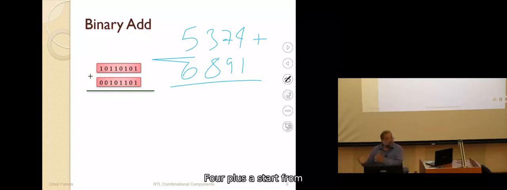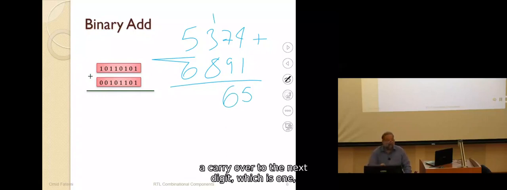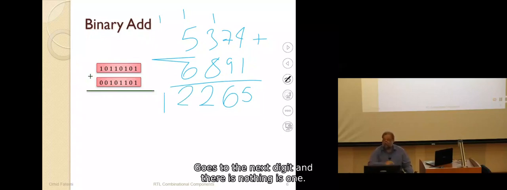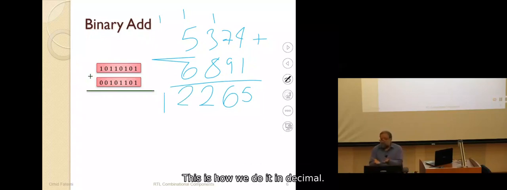We start from the least significant digit from the right. 4 plus 1 becomes 5. 9 plus 7 becomes 16, so we have 6, and then we have a carry over to the next digit, which is 1. We have 1 plus 3, 4, 4 plus 8, 12. 2 is here, and 1 carry goes to the next digit. Then we have 1 plus 5, 6 plus 6, 12. And 1 goes to the next digit, and there is nothing, so it is 1.